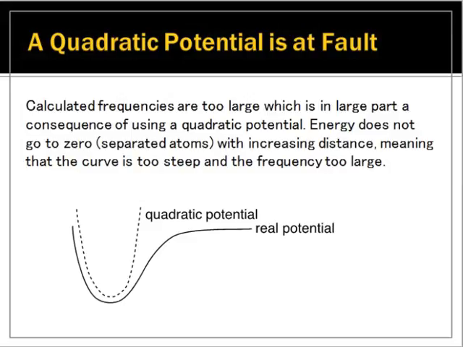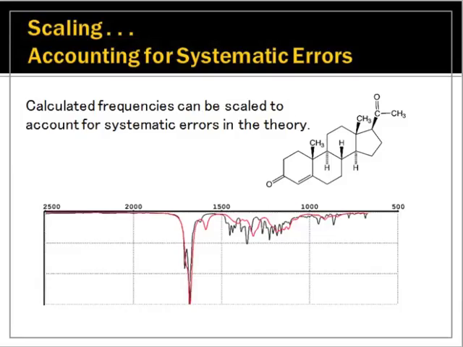You can correct for this in one of two ways. You can add higher terms, cubic, quartic, but that gets extremely costly. Or you can simply account for it by a simple scale factor. And that factor is very small, it's about 0.98. But in fact, when you do that, you'll see that the spectra now are rather similar.